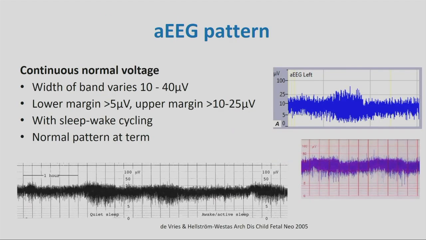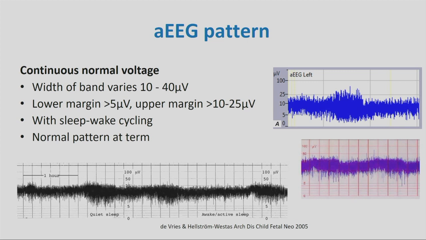So I'll show you some examples. Again, at term, you have this pattern of a smaller bandwidth, but the bandwidth varies with a smaller one and then a wider one. So you get those little balls, quiet sleep, wakefulness, and active sleep.